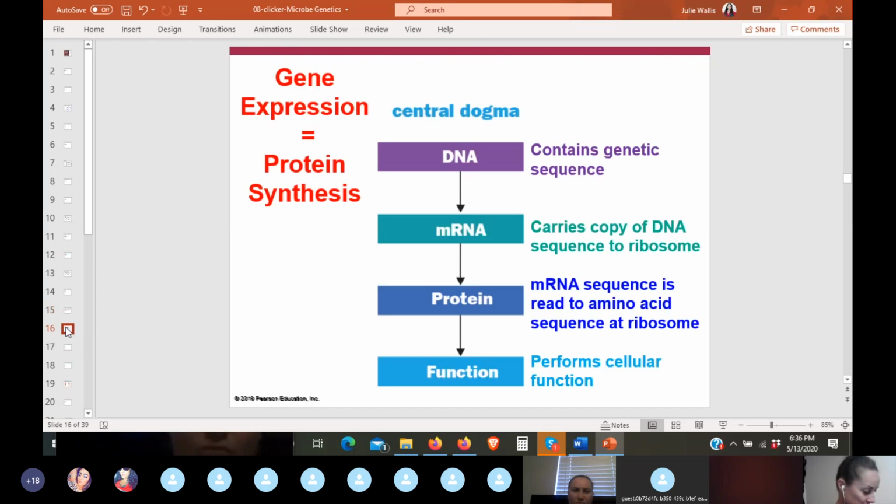Somebody said something, so I'm going to check and see. This is what I was referring to earlier. So the term gene expression just means protein synthesis. If a gene is not making its protein product, then we don't even know what its function is. So we call gene expression protein synthesis because it's actually making the protein product that carries out the function of that gene.